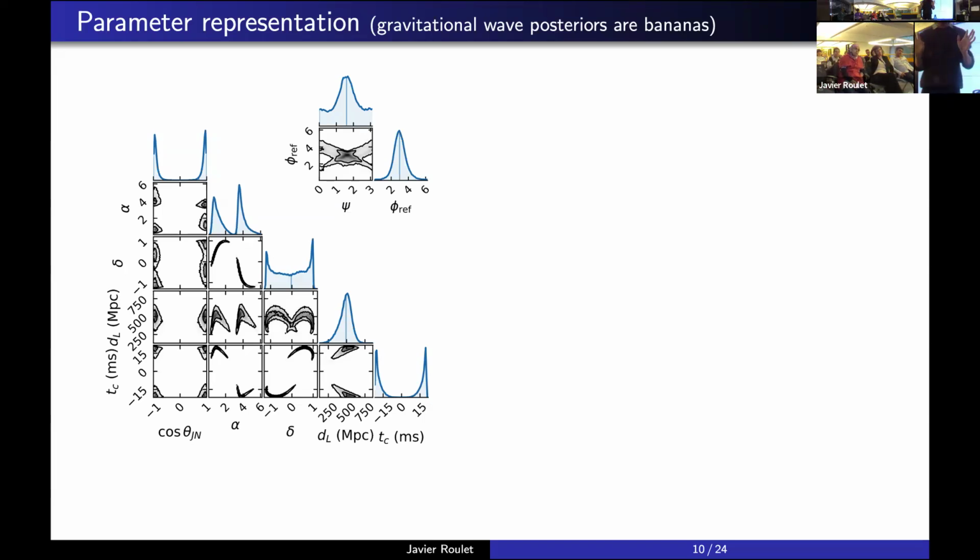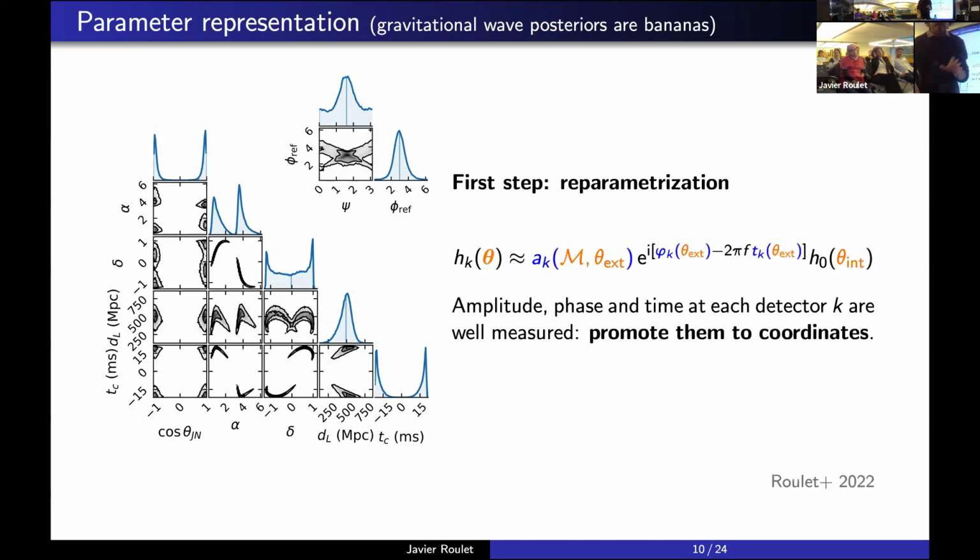Now let's step back for a moment from machine learning and try to incorporate our physical intuition to see how these bananas arise in the first place. Remember, this is the signal at each detector. The k is the detector, and it has some amplitude, overall phase, and overall time that are mostly controlled by the extrinsic parameters.